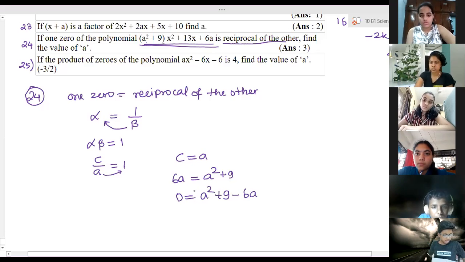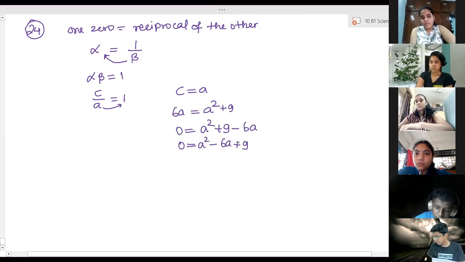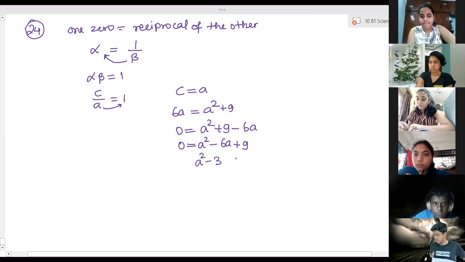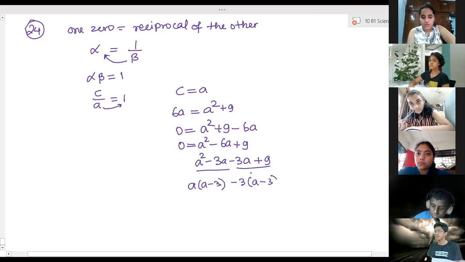Now can we write a square minus 6a plus 9 is equal to 0? Now can you factorize it? Product minus 3 and minus 3a. Minus 3a minus 3a plus 9. So it is equal to a into bracket a minus 3 into bracket a minus 3 equal to 0.